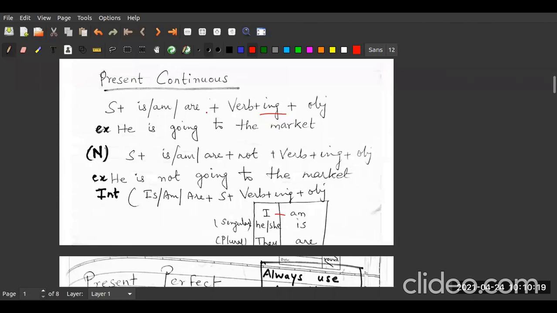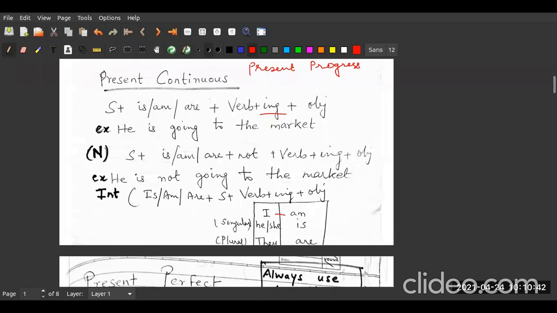For example, he is not going to the market, this is present negative. And he is going to the market, this is present continuous. You also call present continuous present progressive, because the action is in progress.